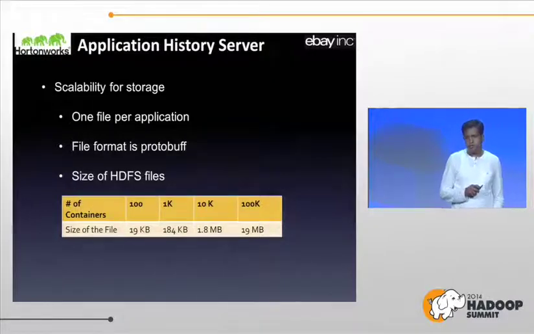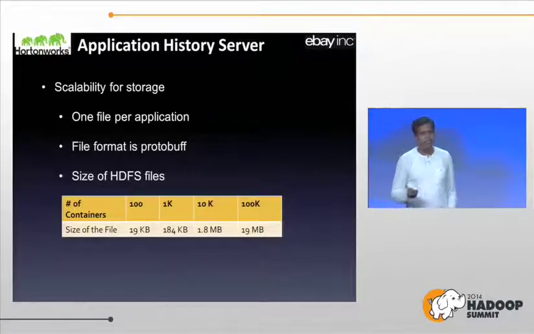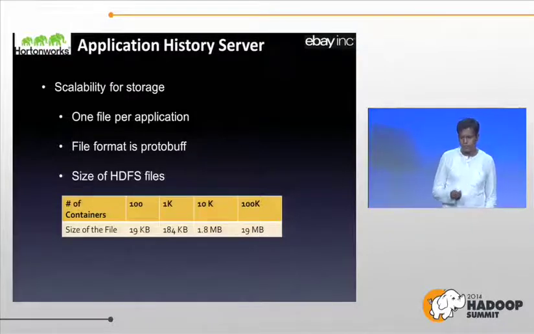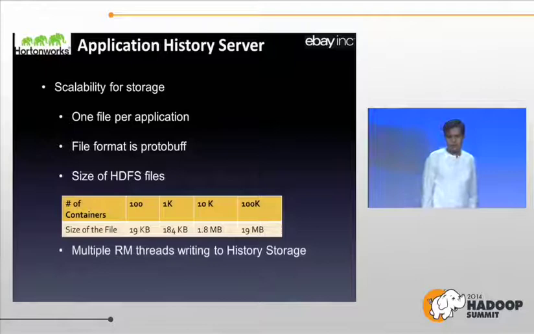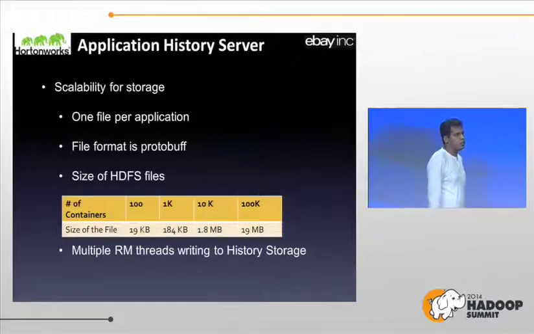And if you have 100K tasks in your job, the file was 19 MB, which is pretty reasonable for storing a lot of data in HDFS. Multiple RM threads write to the history storage, so in that sense we can probably scale further, since we are not blocking the applications from writing into the history store.